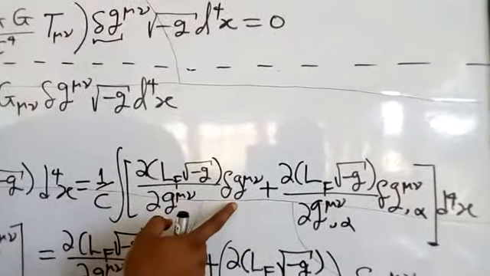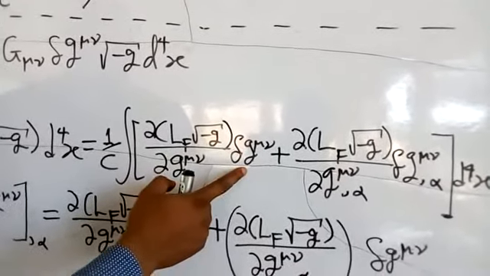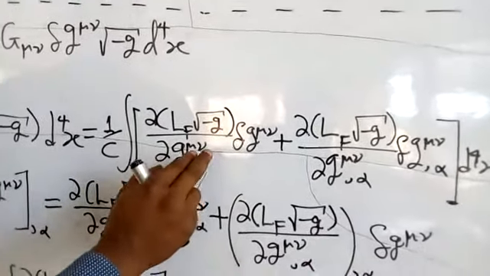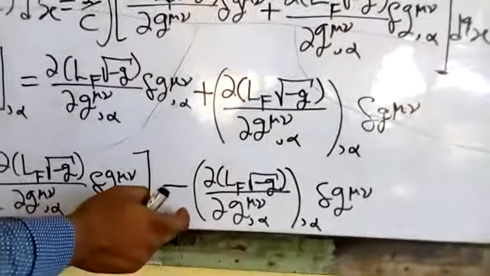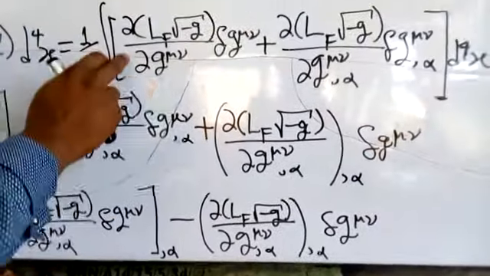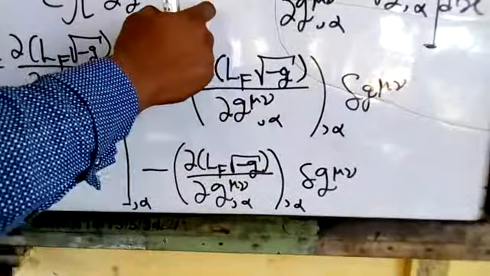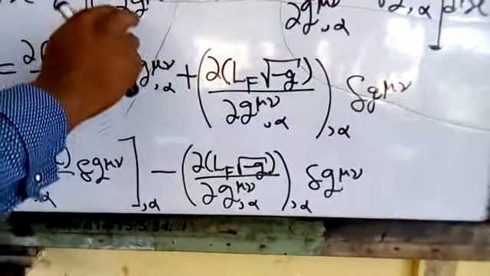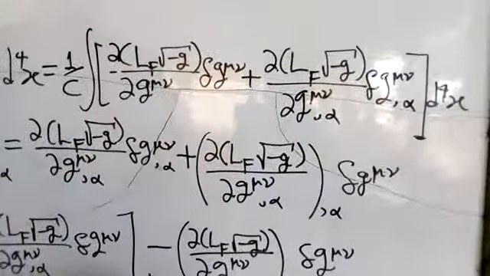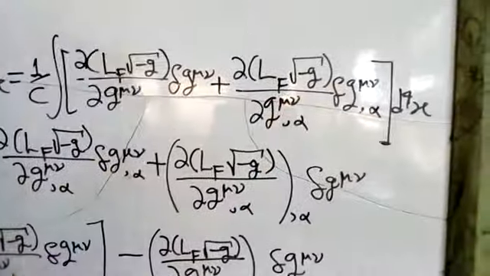The first term also is some object multiplied by the variation of g mu nu. So we're going to combine this and this. In my next step, I'll be saying this minus that, but with a common factor, the variation, outside of the bracket containing this and that. And then this, of course, will still be part of the integral.